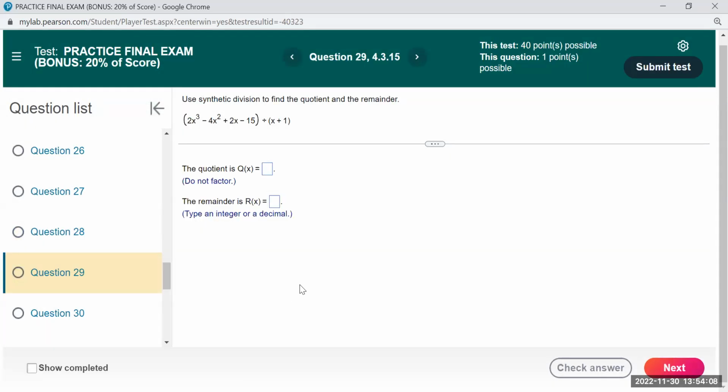Use synthetic division. Yay, it's not faster. Synthetic division. 2x cubed minus 4x squared plus 2x minus 15 divided by x plus 1.